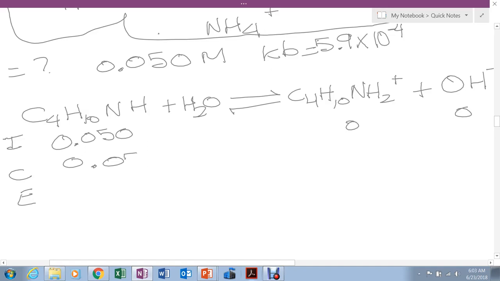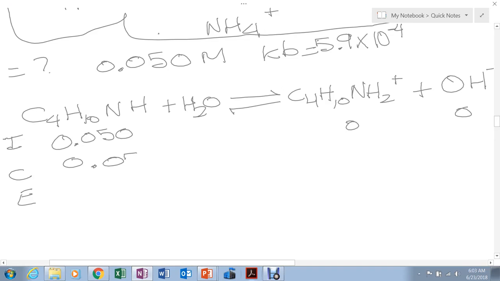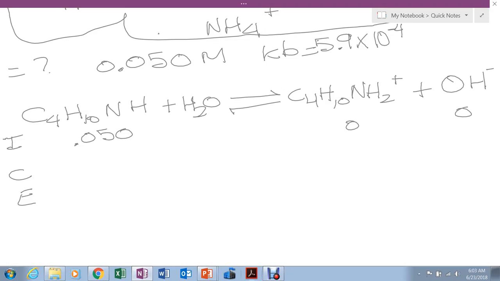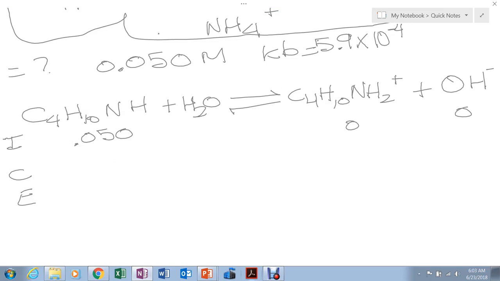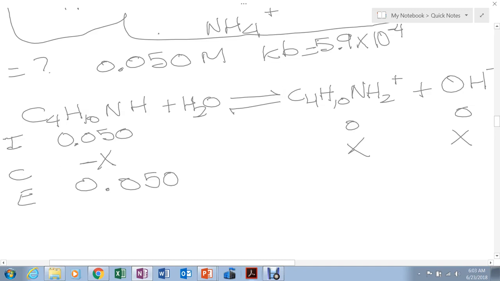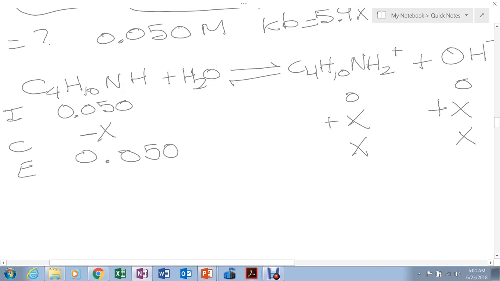Then it's minus x, plus x, and plus x, and this is going to be 0.050 minus x. Directly, I'm doing the equilibrium concentration. I'm jumping that all the time. I hope you don't do it.